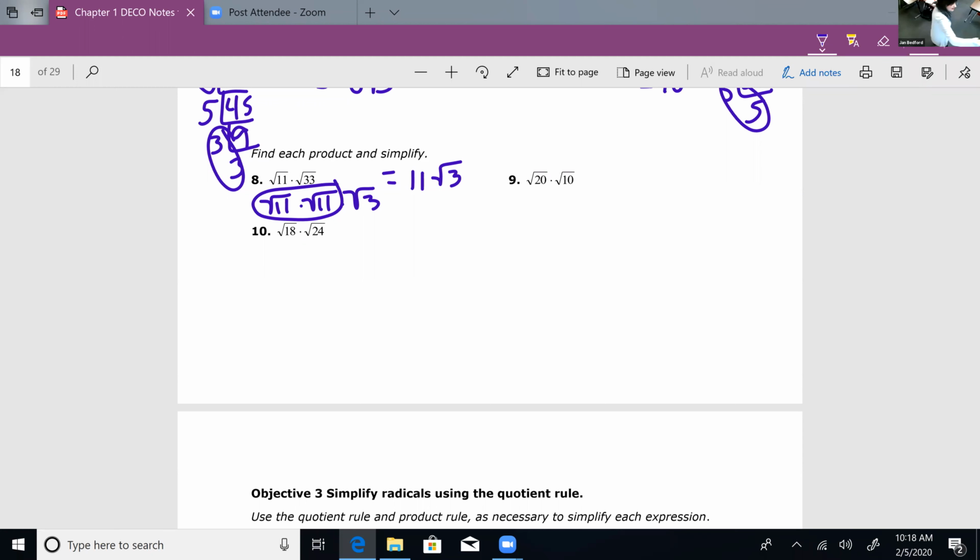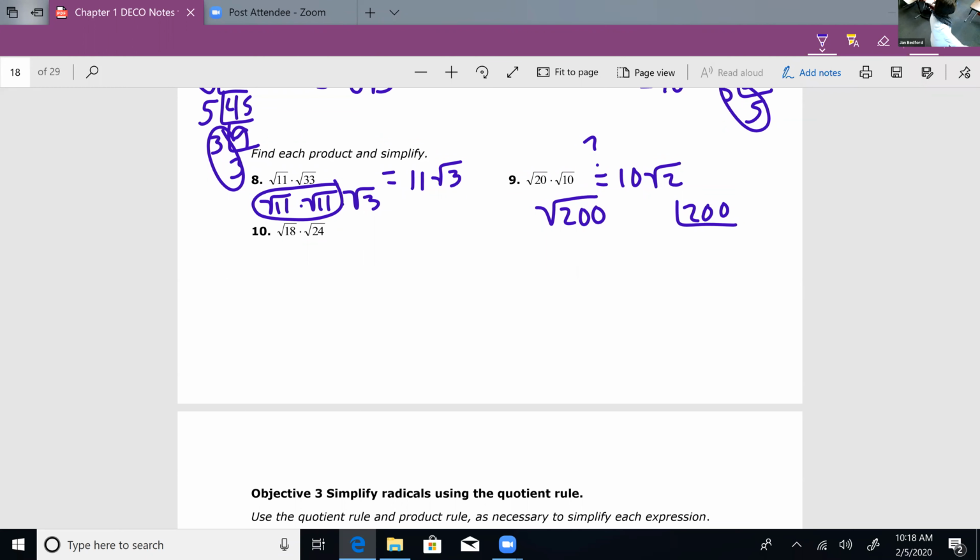Okay, he says he thinks it's 10 times the square root of 2. Let's double check, because I'm going to multiply the 20 times 10, and are we all in agreement? This has got to be whatever square root of 200 is, right? So if I did the prime factorization on 200, what would you divide into 200 first?